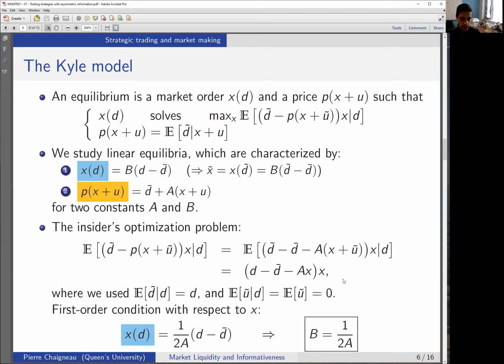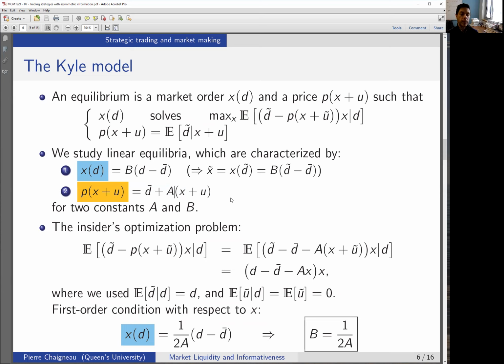We can see it actually from the insider's optimization problem. So the insider is maximizing this function. And so he takes into account the fact that, let's say you have some positive information, right? So D is larger than D bar. So the insider takes into account the fact that increasing X will increase profits because it will increase the per unit profit that is made. But increasing X will also increase the asset price because A is positive.